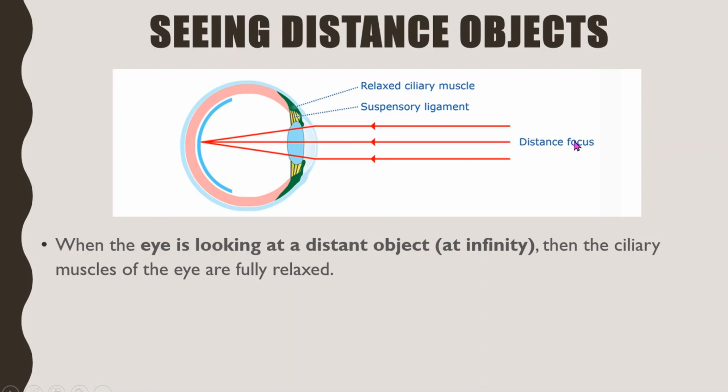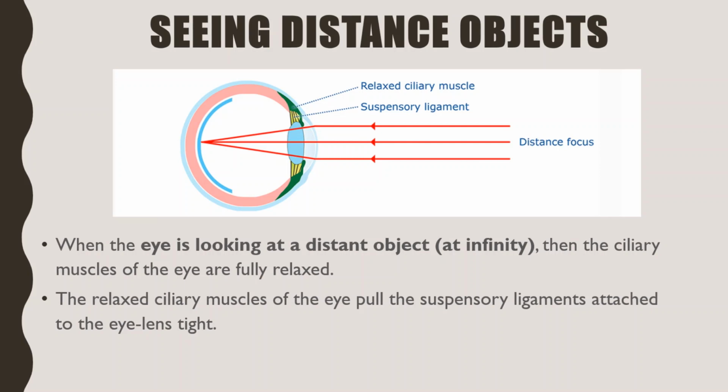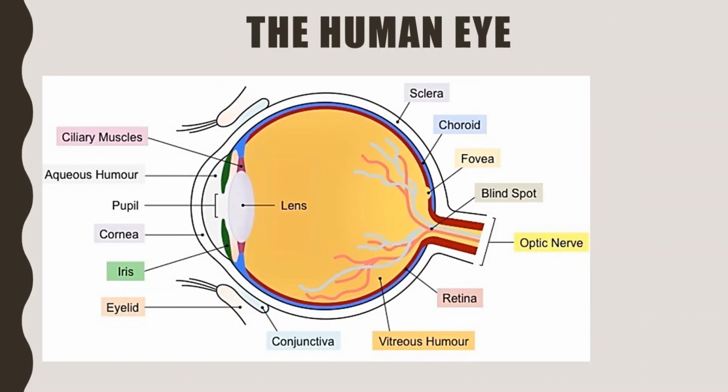So when it is forming quite far, it means you can see far off things clearly. This is nothing but how the ciliary muscles function. The ciliary muscles are holding this lens with the help of something called the suspensory ligament.